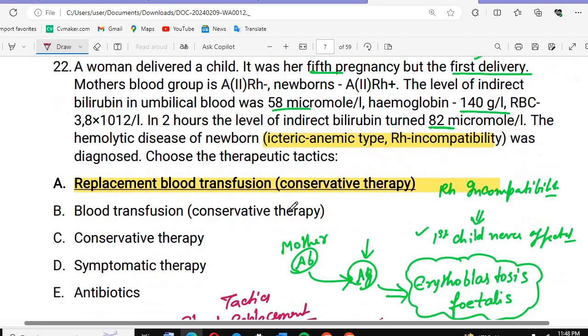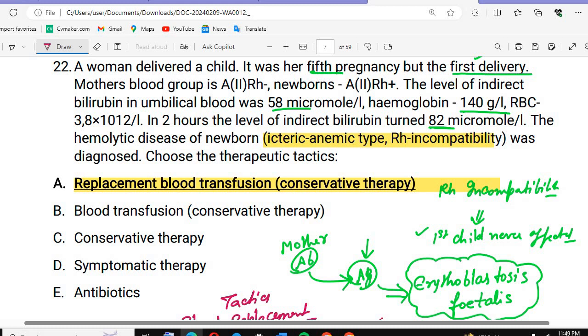Okay, replacement blood transfusion and conservative therapy, and blood transfusion conservative therapy. Maybe there is some mistake in these questions, but here, if both options are there, then the first option will be more correct. The replacement blood transfusion, because they're talking about whatever blood is in the baby, the blood that we need to replace.